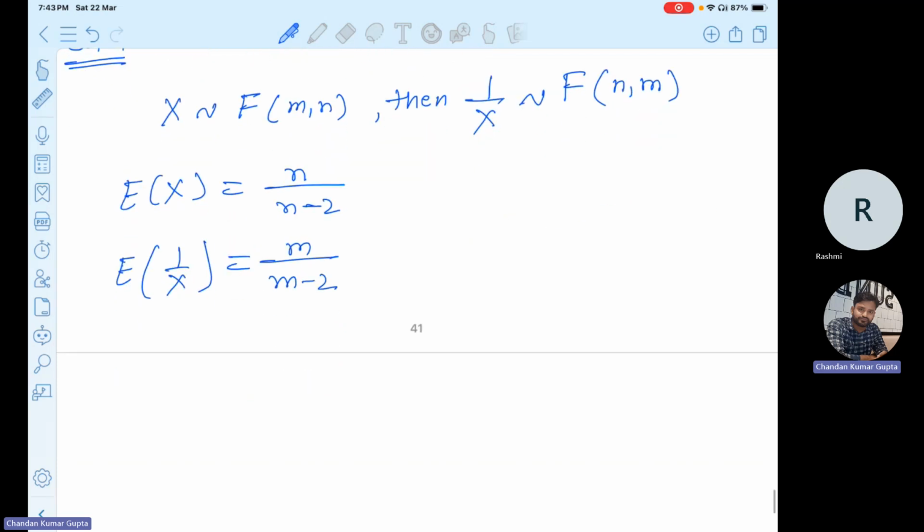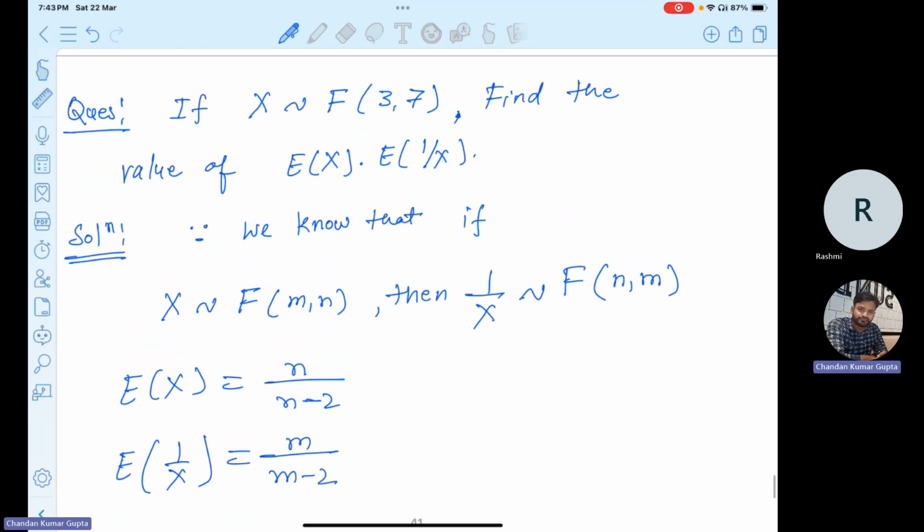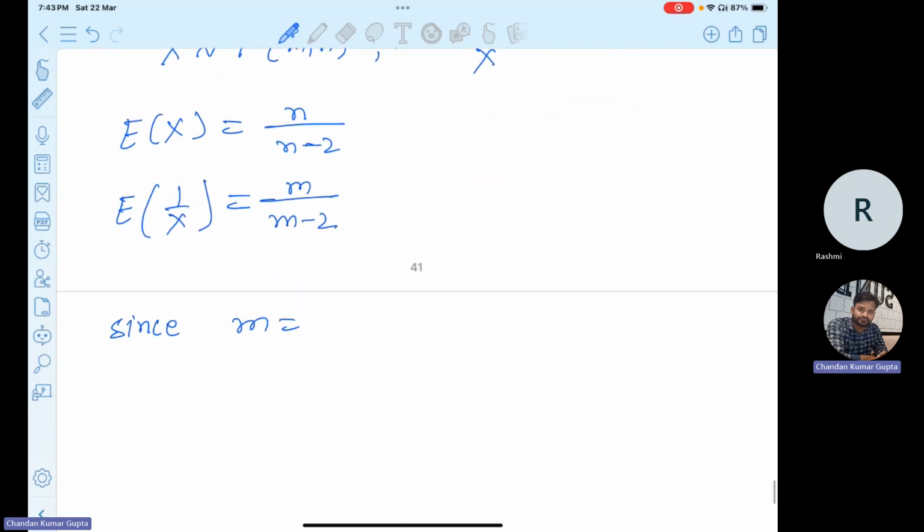Now we are given m equal to 3 and n equal to 7. So expected value of x is 7 upon 7 minus 2, that is 7 by 5.